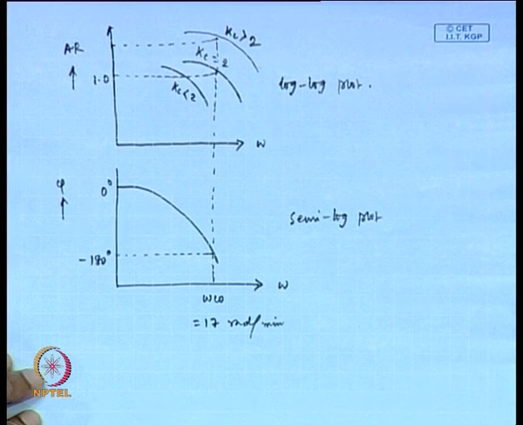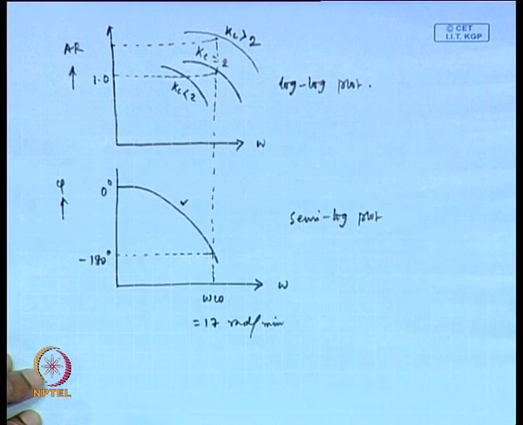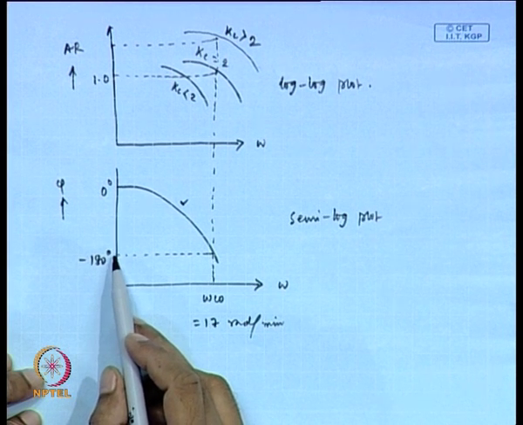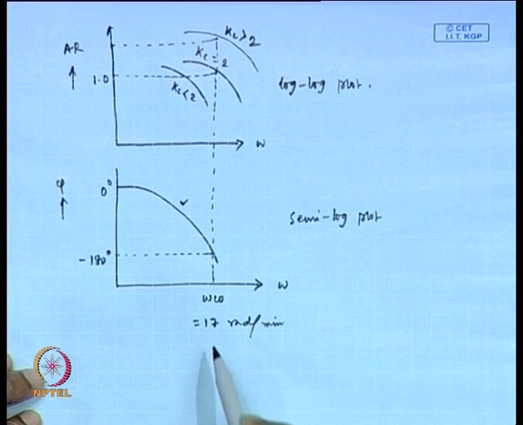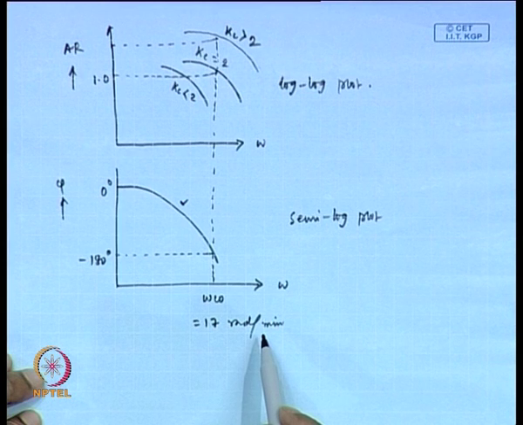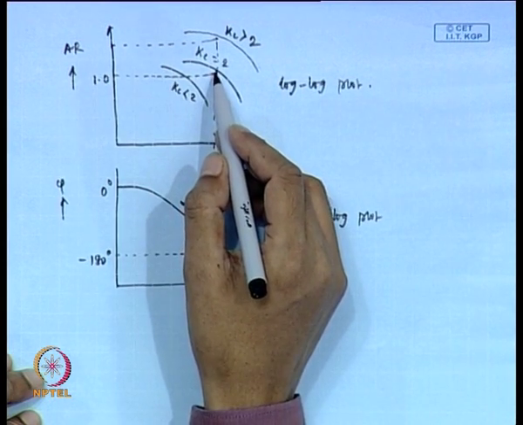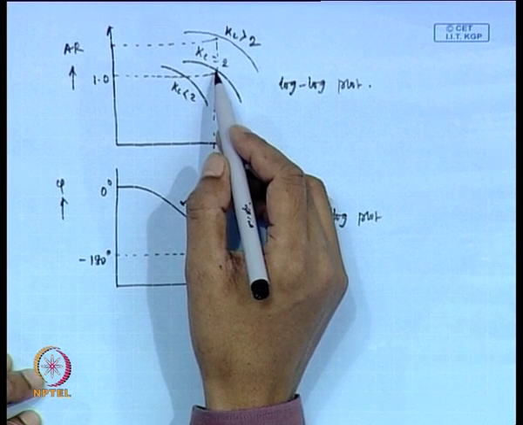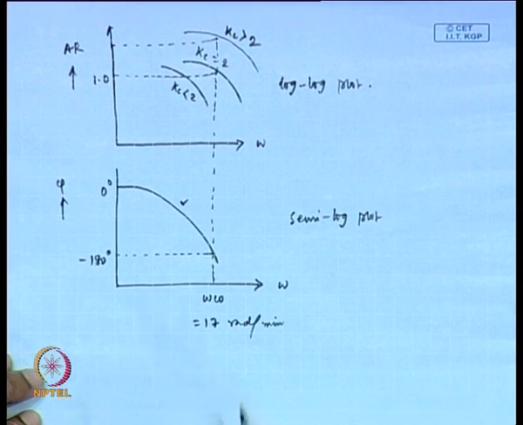Fine. So, this is phi versus log omega plot. At phi equals minus 180 degree, we obtain crossover frequency, that is 17 radian per minute. Amplitude ratio is equal to 1 when Kc is equal to 2 at omega CO, that is shown here.